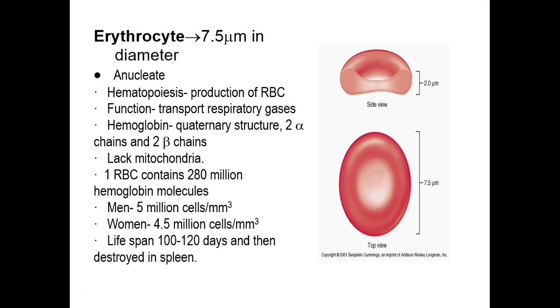They are just packed with the hemoglobin molecule. Each hemoglobin molecule can carry 4 oxygen molecules, and there are millions of hemoglobin molecules in a red blood cell. So they are just oxygen-carrying machines.